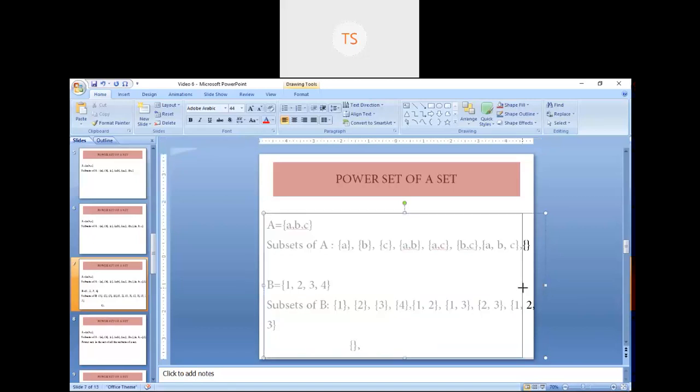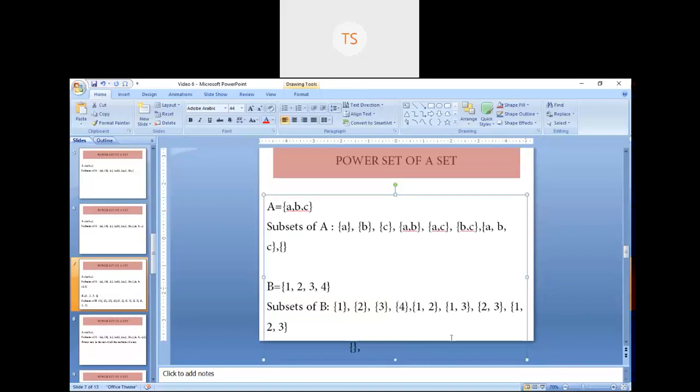First you will write 1, 2, 1, 3. Then you will have 1, 4. Then 2, 3. Next 2, 4. And you will have one more, 3, 4.